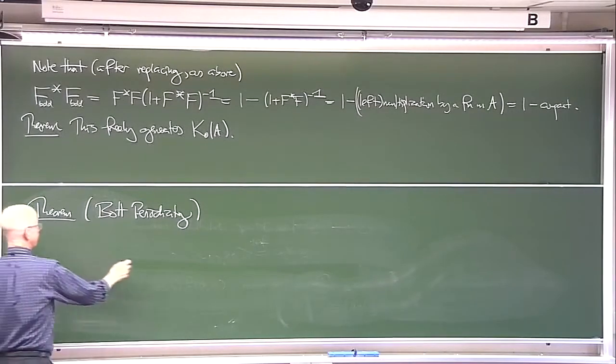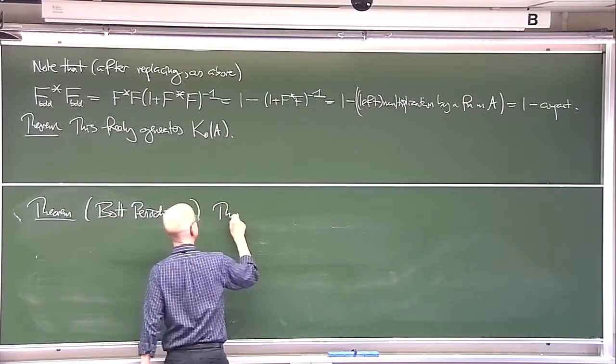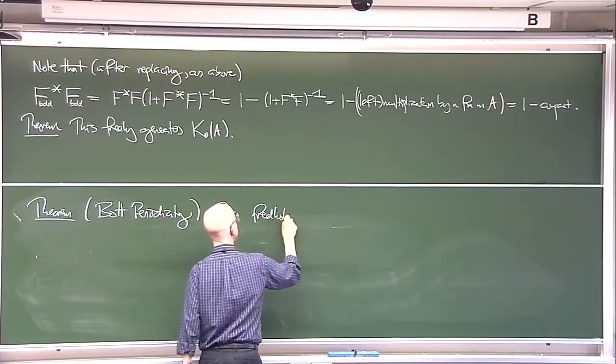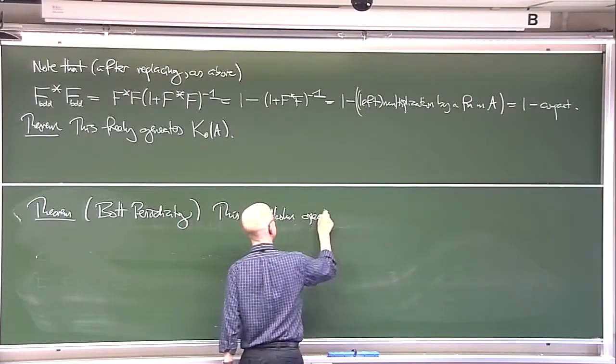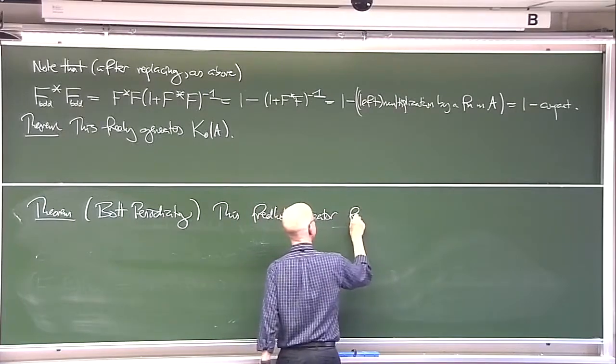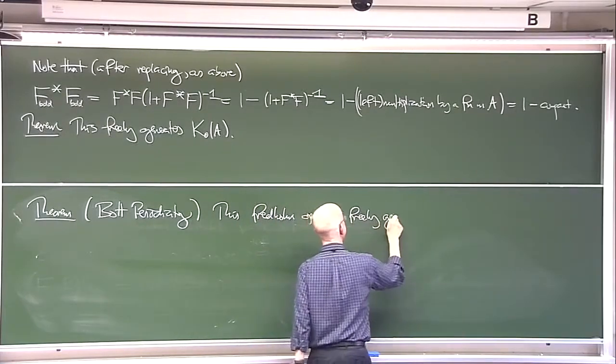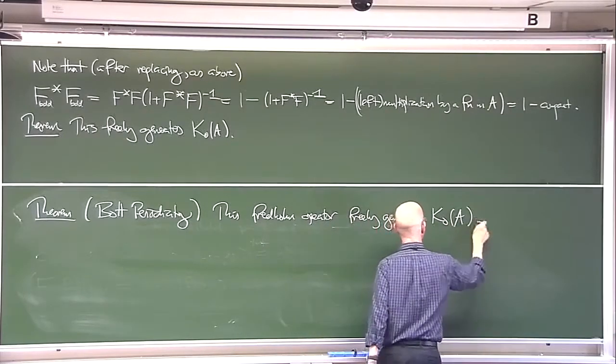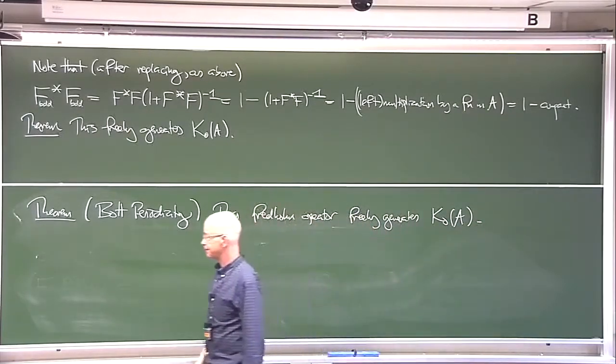The theorem is that indeed this Fredholm operator defined in this way freely generates this K-theory group, where A is C_0(R^n).